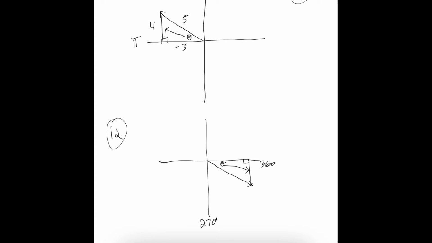Adjacent over hypotenuse, +5, 13, and this is a triple. This is a 5, 12, 13, and the y value would be -12. So tangent is what it wants, equals opposite over adjacent, -12/5.